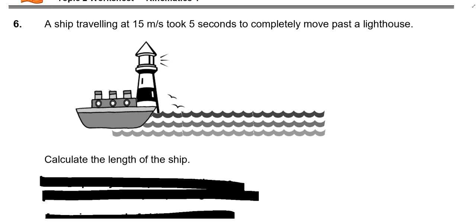This is now my ship, moving up. When should I start timing? Here or here? 1 or 2? Both can work. Who wants 1? Who wants 2? Slightly more people want 2.